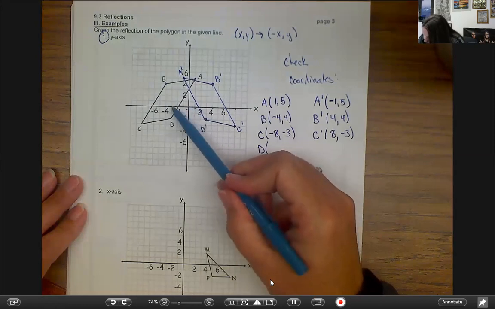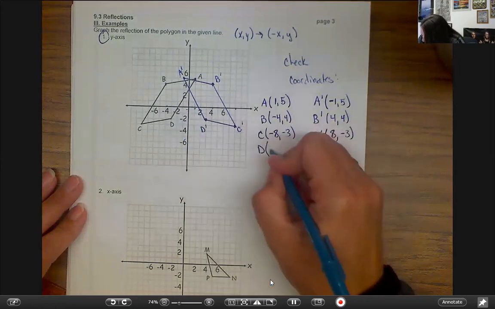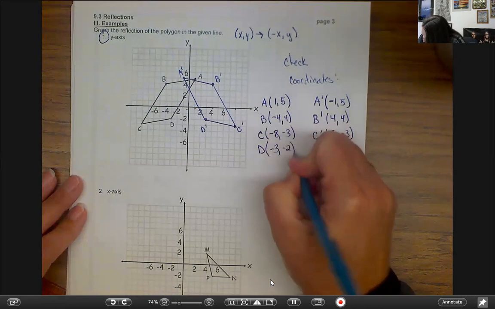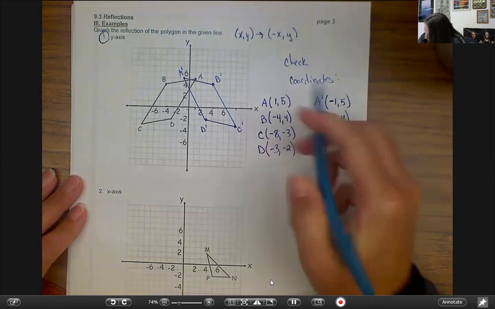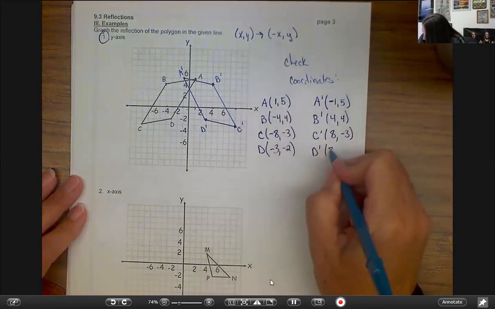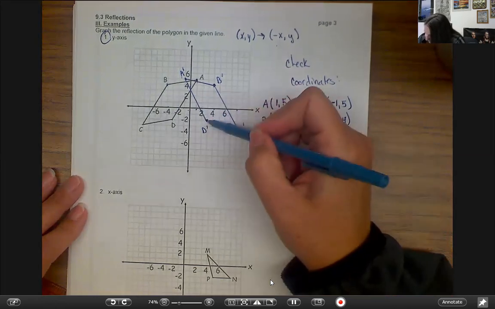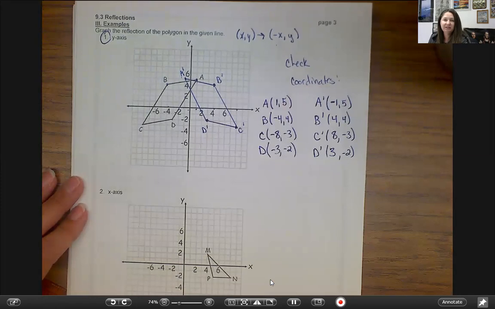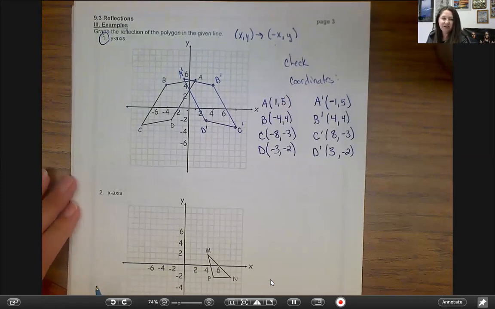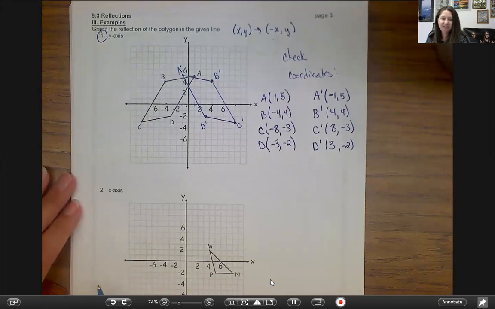D was at -3, -2. And again, x coordinate should change sign, so that should take it to 3, -2. And there's D prime in there. So always kind of check those coordinates to make sure your graph is coming out accurately.